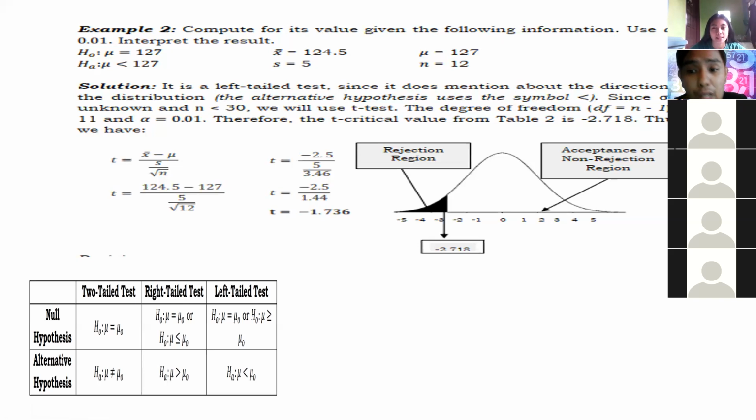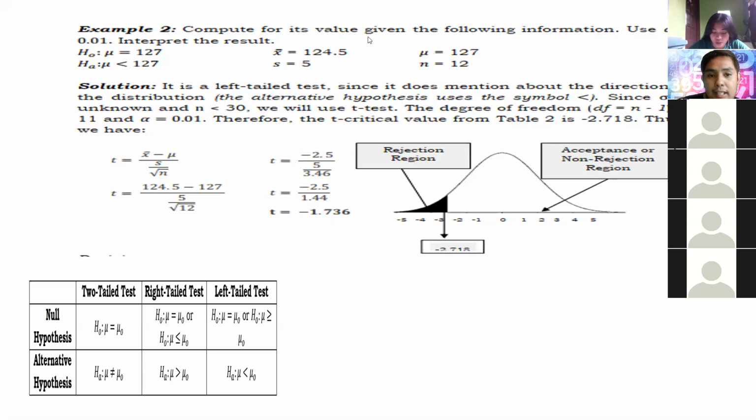Hindi given ang population standard deviation. Ibig sabihin, we'll be using t-test. Okay po? So ginamit po natin ang t-test, lumabas na ang value natin ay negative 1.736. Negative po. Tandaan natin.